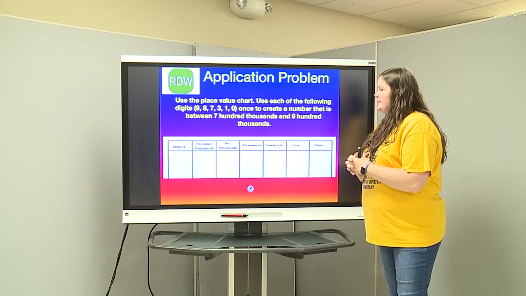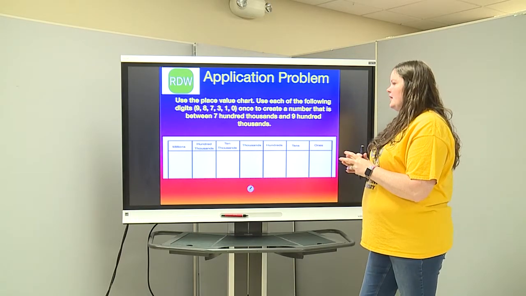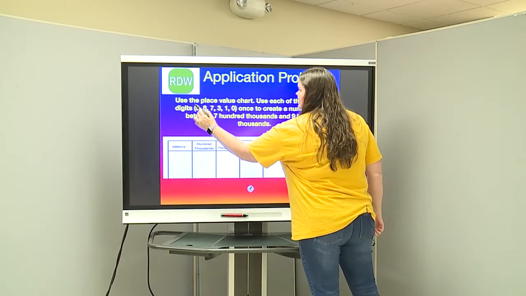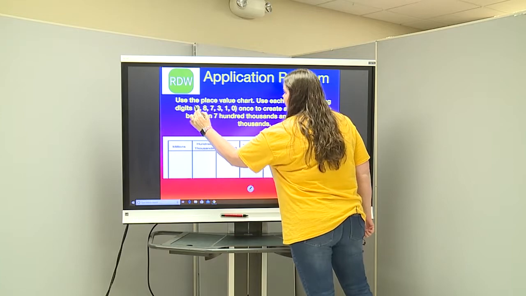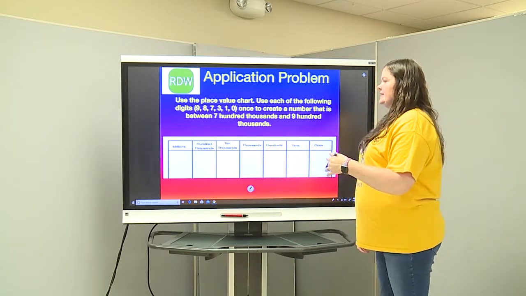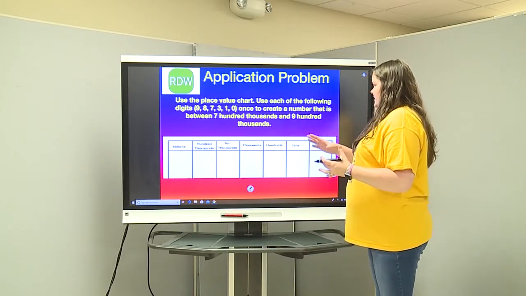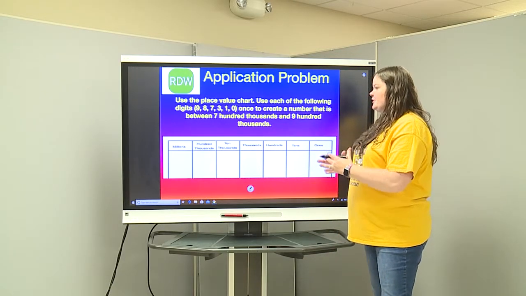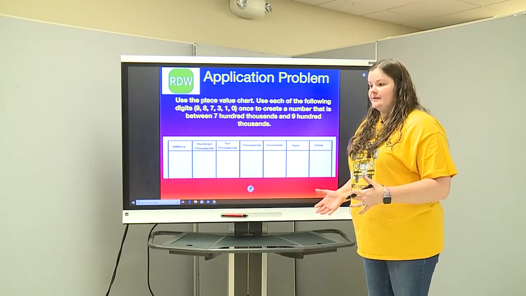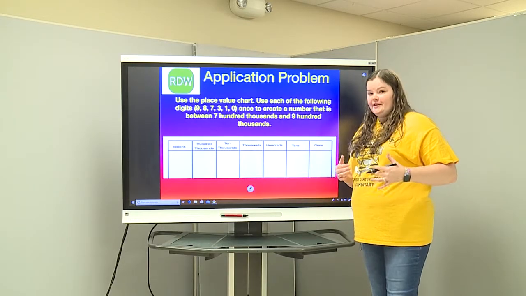It says to use the place value chart and use each of the following digits. So it gives us some digits right here. It gives us 9, 8, 7, 3, 1, and 0. And it wants us to create a number between 700,000s and 900,000s.